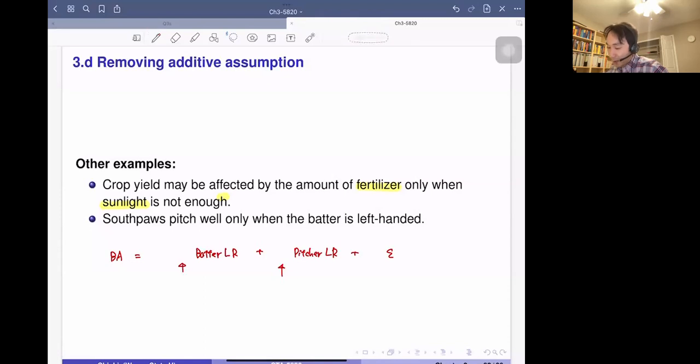Maybe the left-handed batter has slightly higher batting average, maybe 0.01 something, and the pitcher, probably around zero, but you can see that if the batter is left-handed and the pitcher is right-handed, then the batting average is much lower. So the batter-pitcher interaction should be significant.